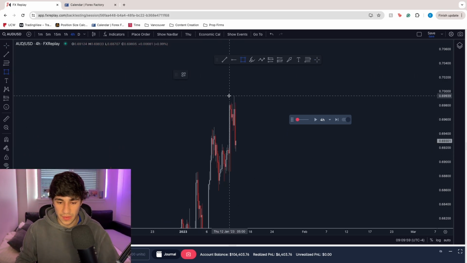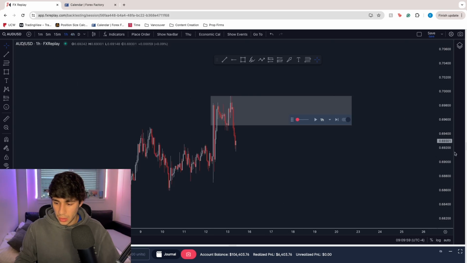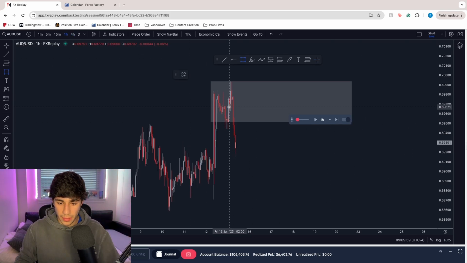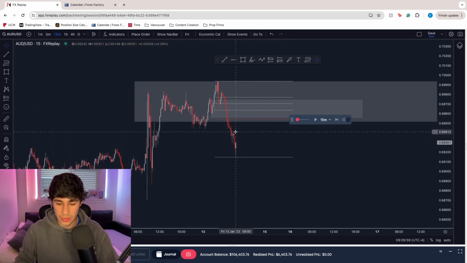I think that this is a supply zone, a broken structure, and we have a fair value gap here. And where is the 60%? Here we have it. So I'm still honestly biased towards maybe seeing some reversals and then placing my entry.